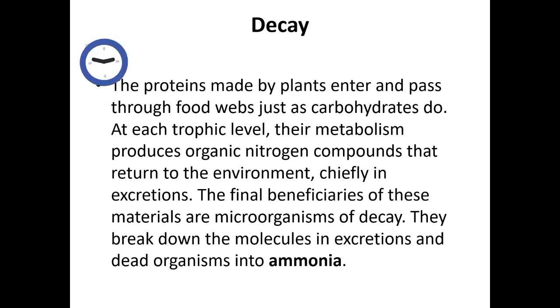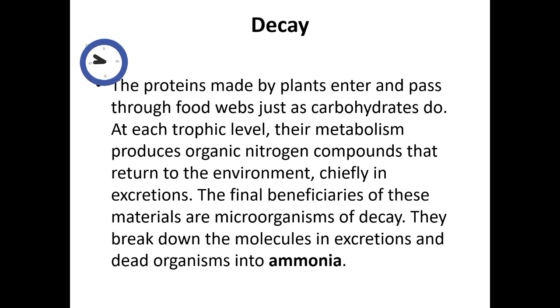Second important stage of the nitrogen cycle is decay of nitrogen. The proteins generally produced by the plant enter and pass through the food webs, through primary consumers and secondary consumers, just like the carbohydrate.